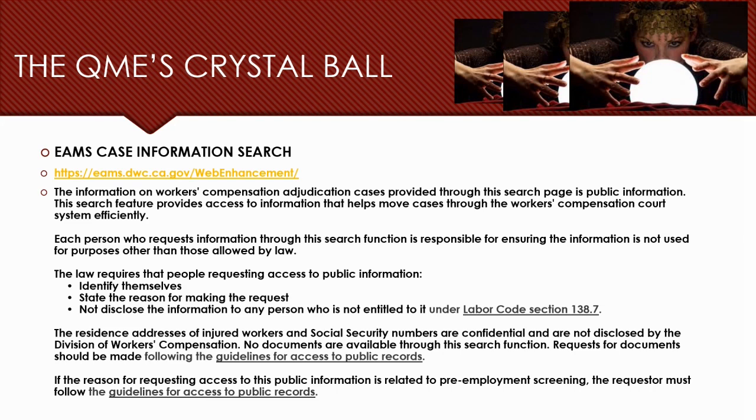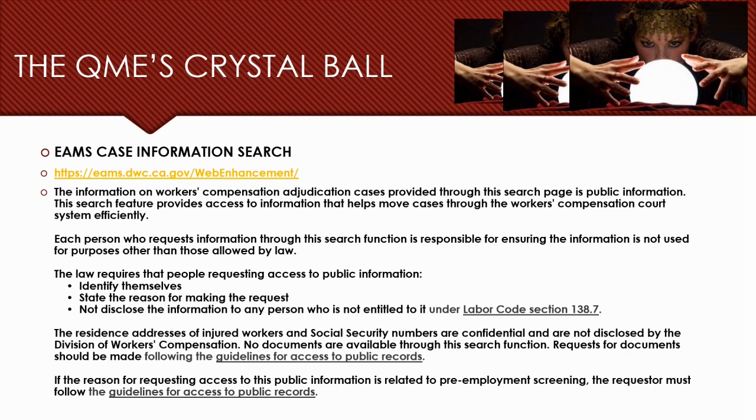So the EAMS case information search is public information, and it allows you to determine if the examinee has had prior industrial injuries. If those prior industrial injuries have involved same or similar body parts, the body parts are all listed in relation to each separate claim for industrial injury.